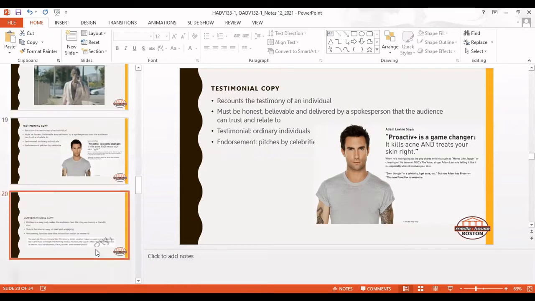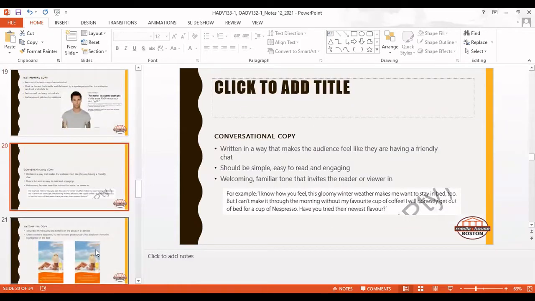Then we have a conversational copy now. This is written in a way that makes the audience feel like they are having a friendly chat. So it should be simple, easy to read, engaging, welcoming, with a familiar tone that invites the reader or the viewer in. So when you write this copy, you're inviting the reader to be with you, to read more.